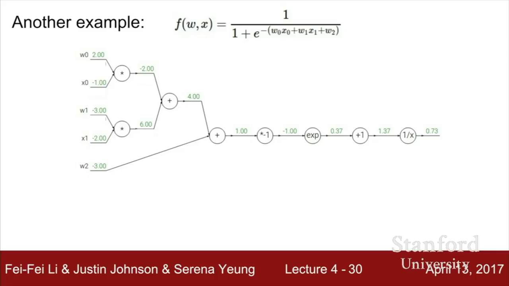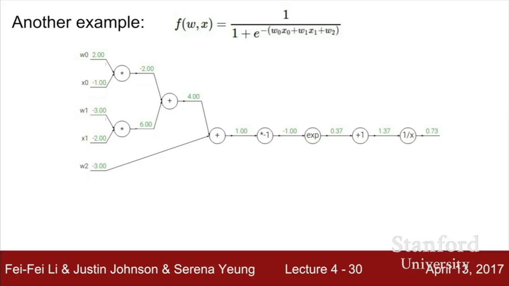So now we're going to go through another example, this time a little bit more complex, so we can see more why backprop is so useful. In this case, our function is f of w and x, which is equal to 1 over 1 plus e to the negative of w0 times x0 plus w1 times x1 plus w2. Right, so again, the first step always is we want to write this out as a computational graph.